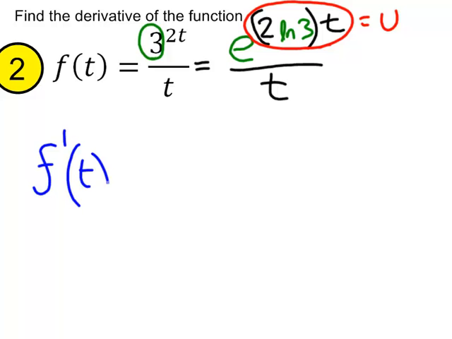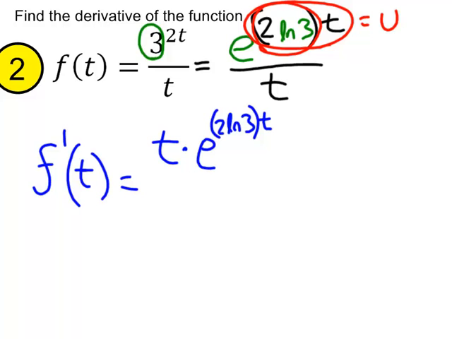So f prime of t will equal the bottom, t, times the derivative of the top. Now we're looking at that e to the u format, so we'll just do the e to the u, e to the ln 3 to the t power, times the derivative of that exponent, times the u prime. So the derivative of any constant times t is just going to be the constant itself.